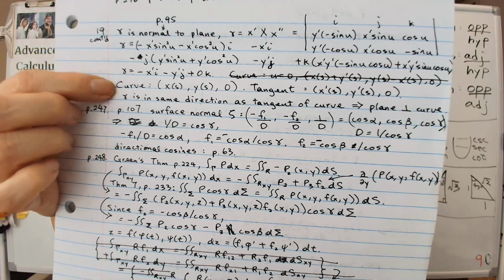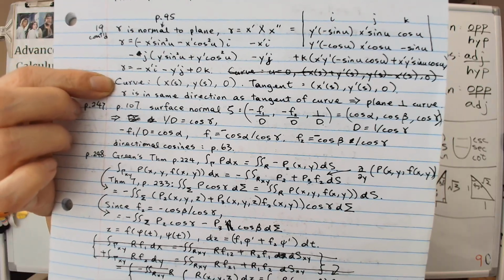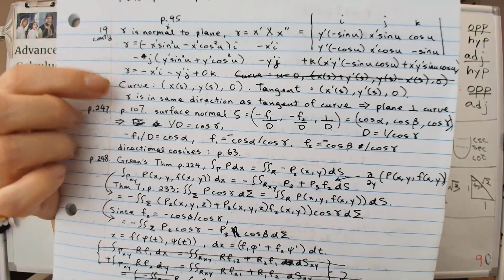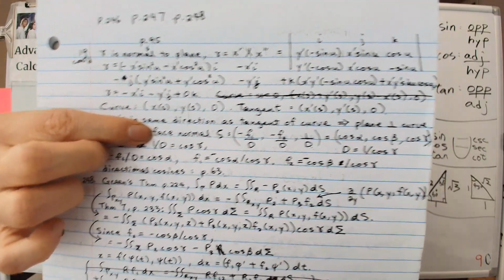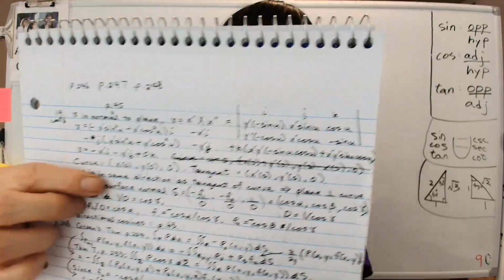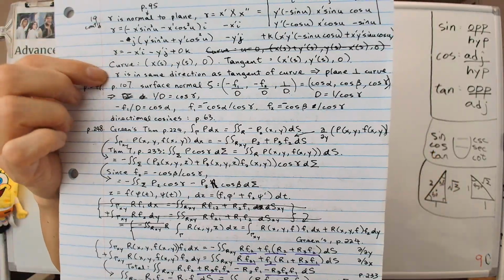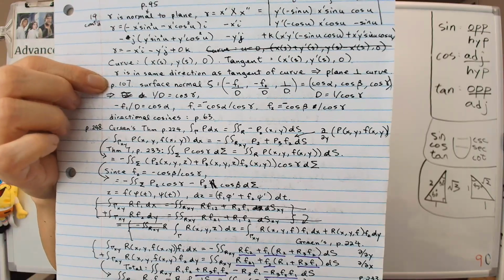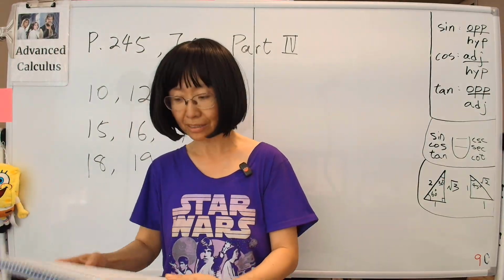Now the curve x of s, y of s has tangent x prime of s, y prime of s, which means gamma and the curve are in parallel directions. They're in the same, or you can say opposite, direction. It doesn't matter, either one. The point is they're parallel, right? Which means that the plane is perpendicular, or orthogonal or normal, to the curve.